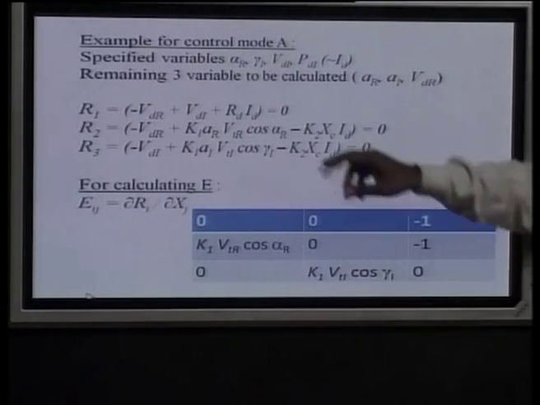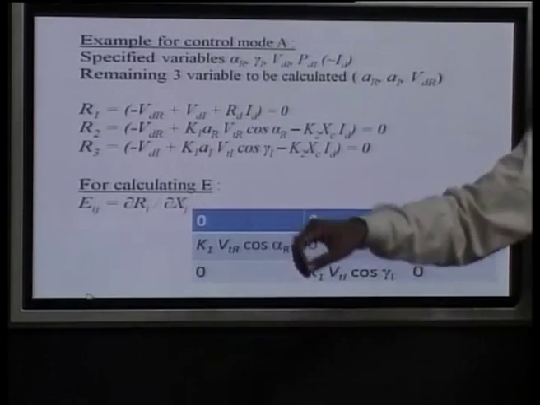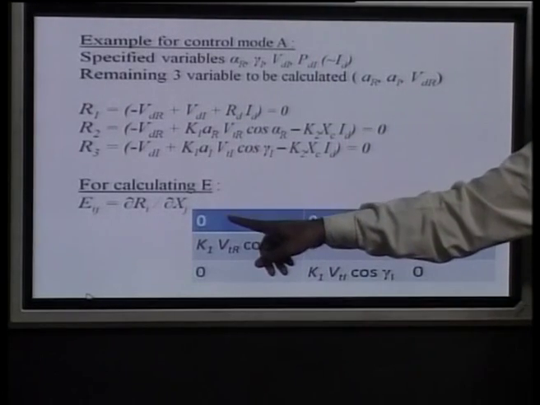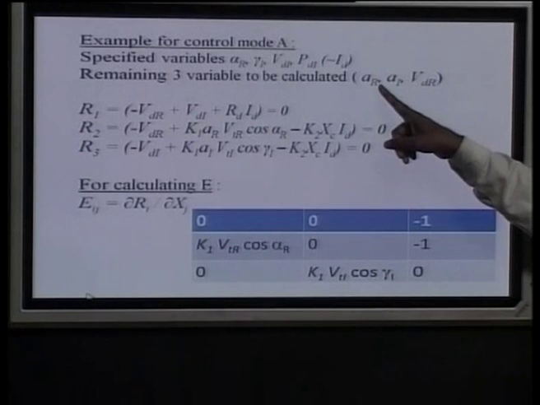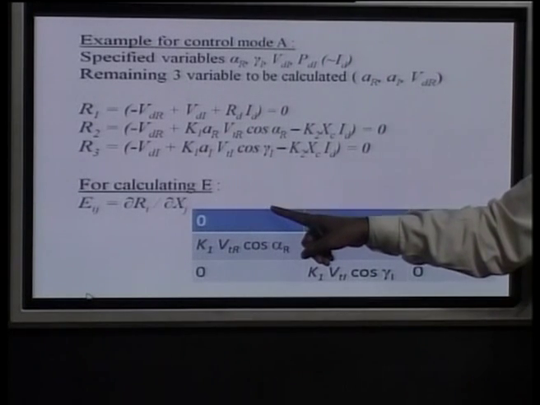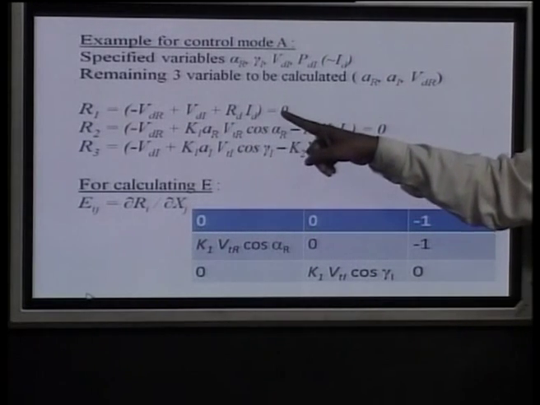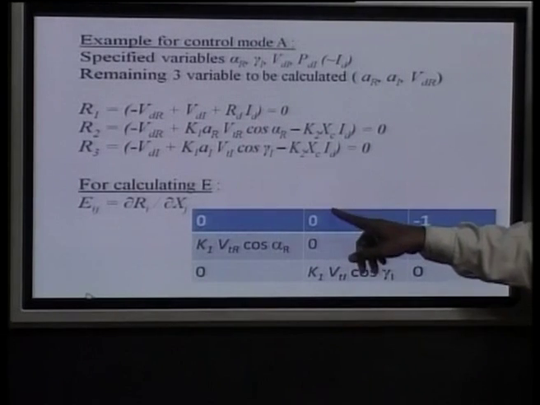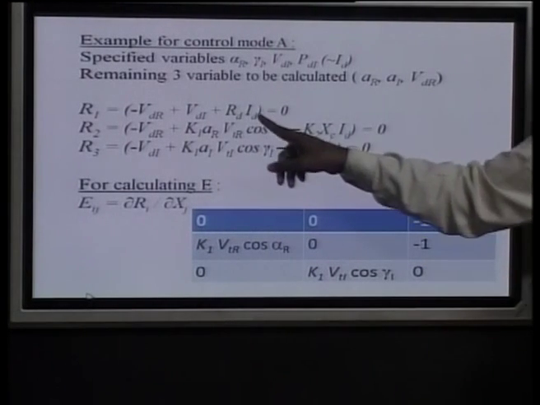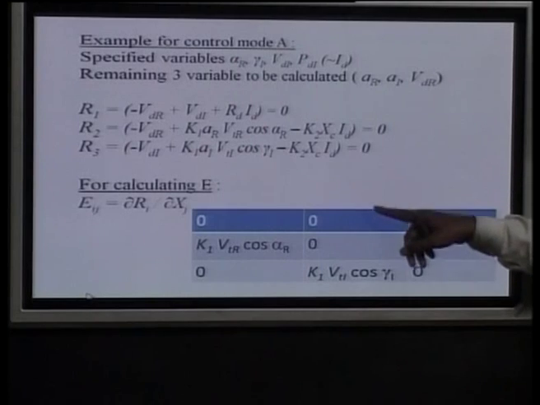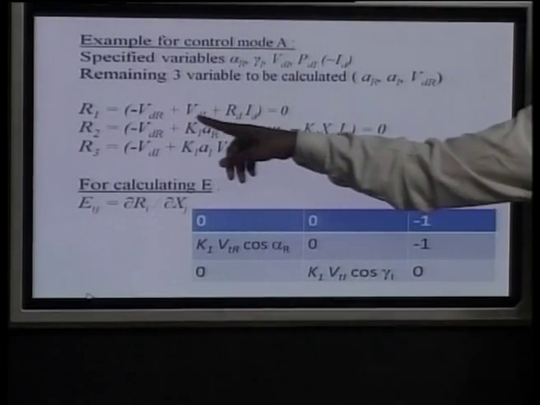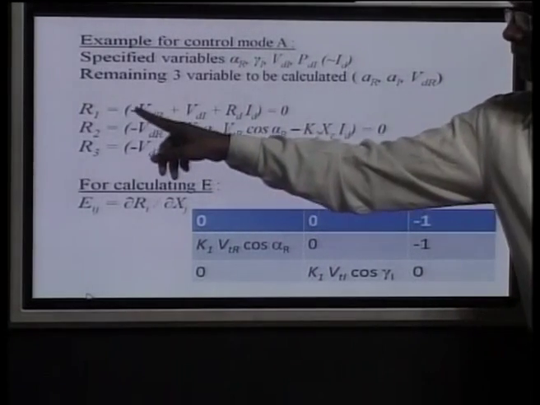If you take R1, it should be differentiated by AR, and we can see it is 0, because this is independent of AR. It should be differentiated by AI, and this also is independent, but if you differentiate with respect to VDR, you will find this value there.